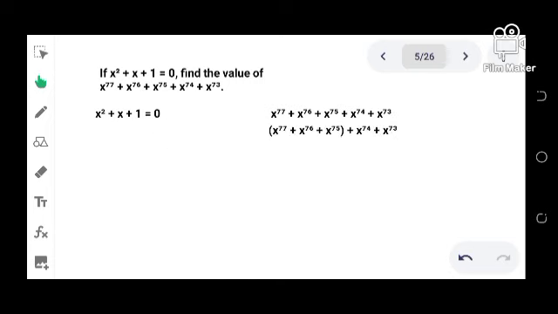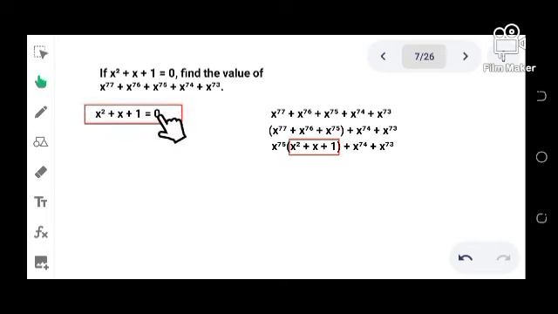Now, as we can see, let's try to group this one here. The terms here have a common factor, that's x to the 75. After we take out x to the 75, you can see that you have x squared plus x plus 1, which is the same as this one here.